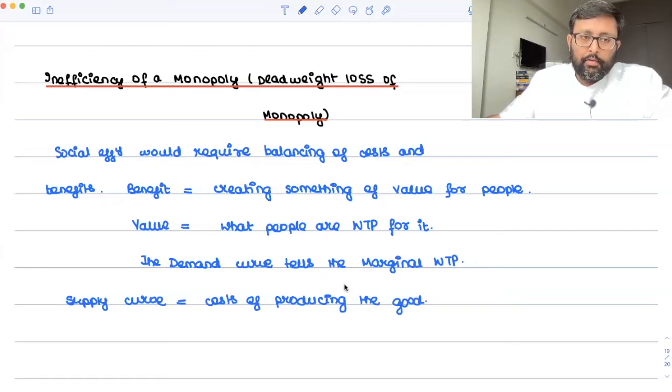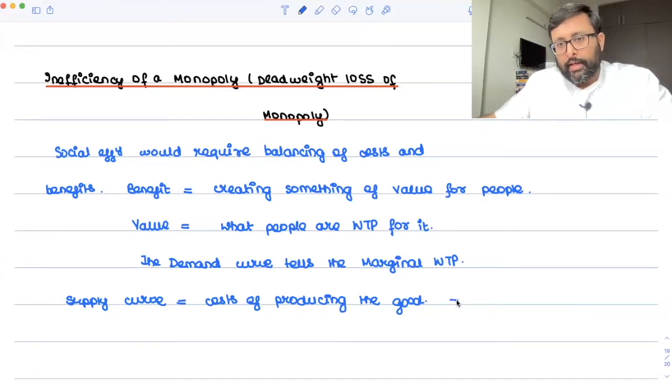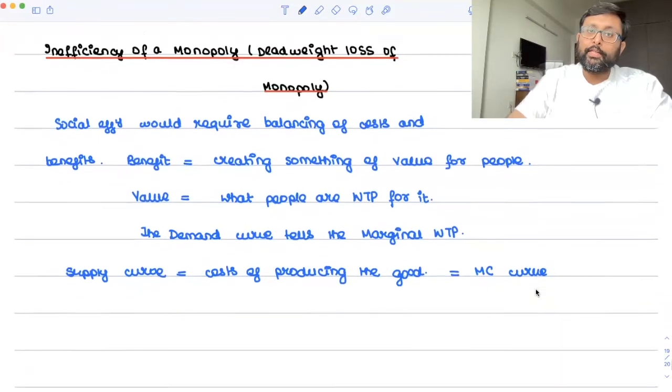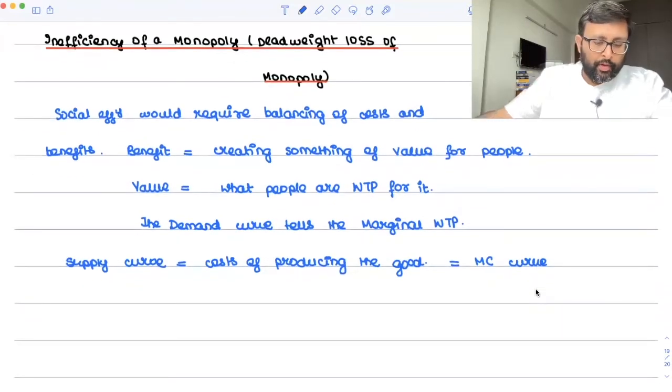And in the monopolist case, the industry supply curve is the marginal cost curve of the firm, right? So this is basically the MC curve. Where the marginal willingness to pay is equal to the marginal cost, that is the efficient level of output.